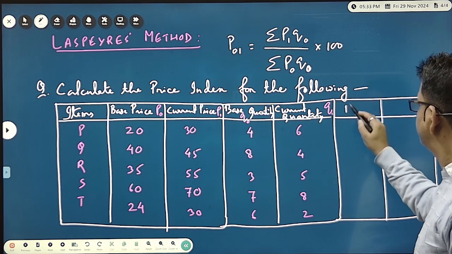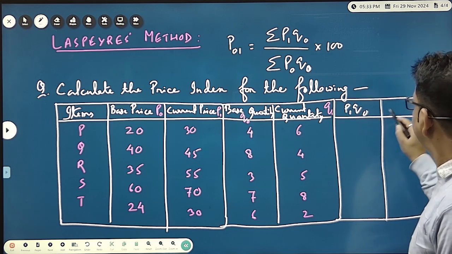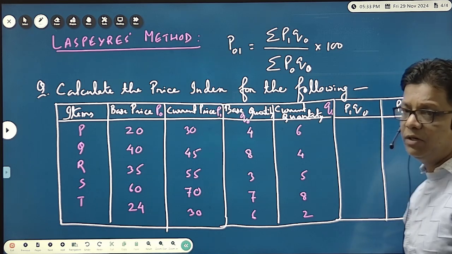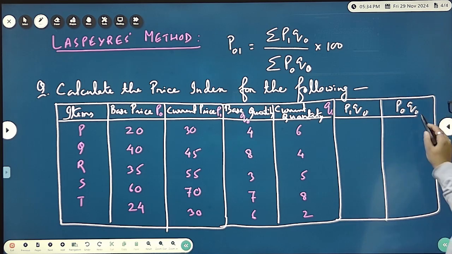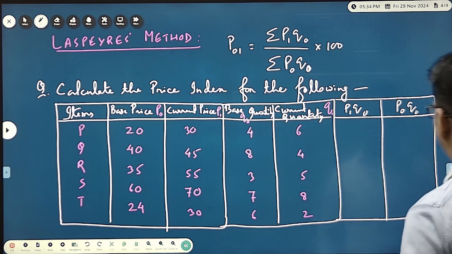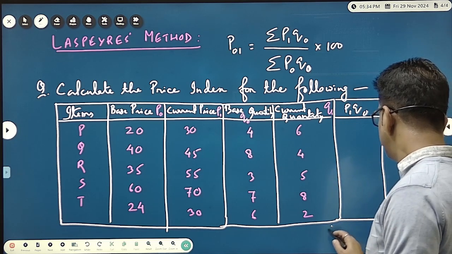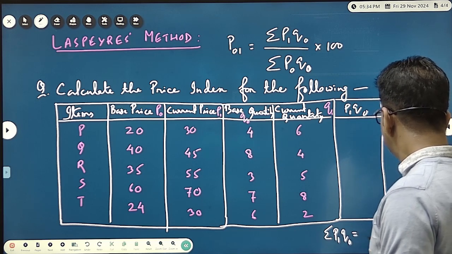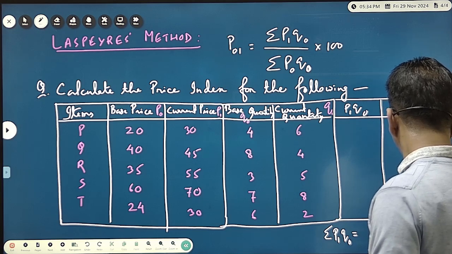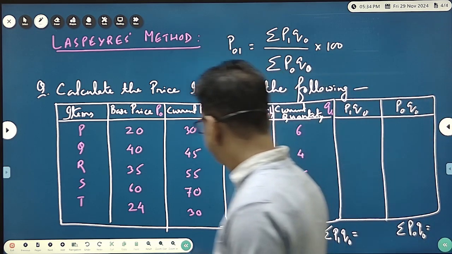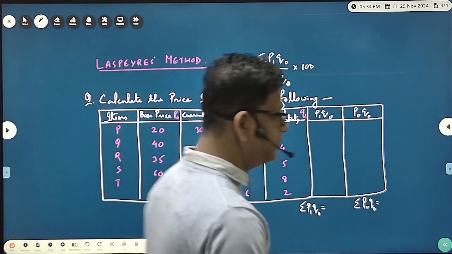Try to do it yourself, and then we will also do P naught Q naught. That means here current quantity does not make any difference; it has no use in this. After getting these products, find the summation of P1 Q naught and the summation of P naught Q naught. Okay, try this. Try to get a table, all of you.